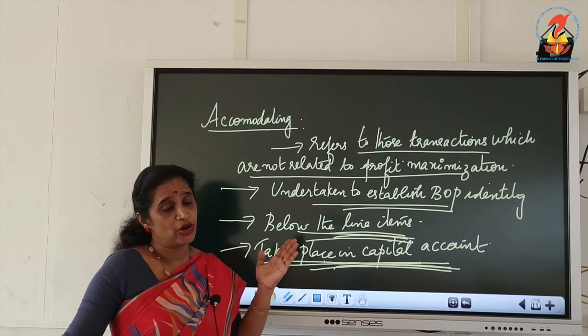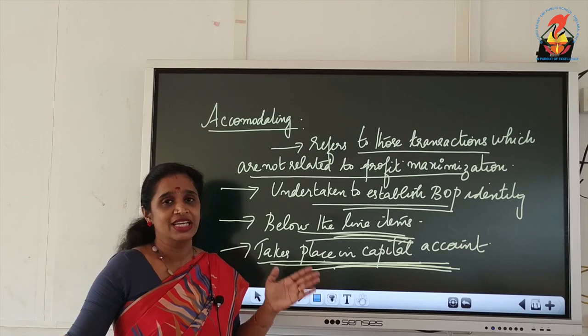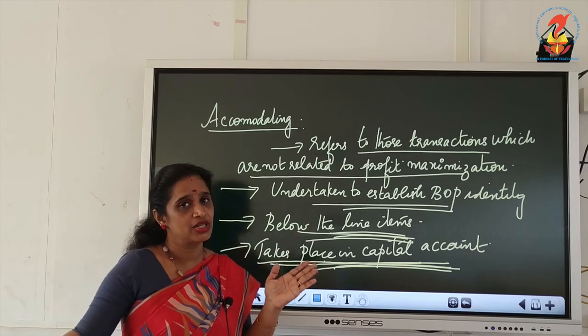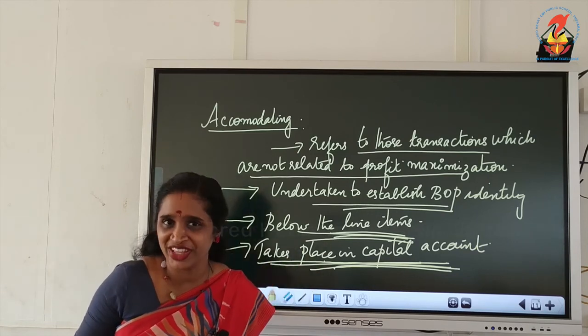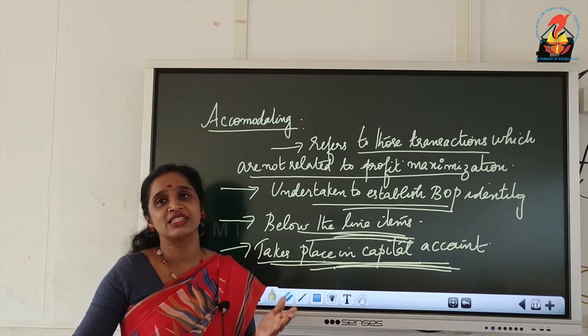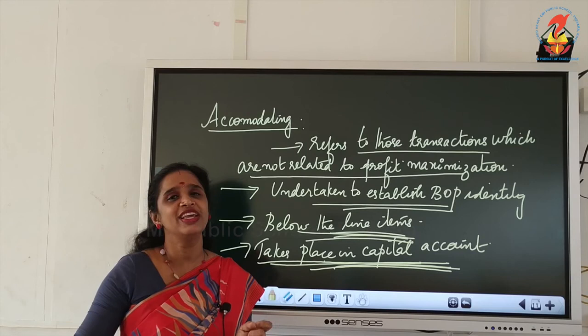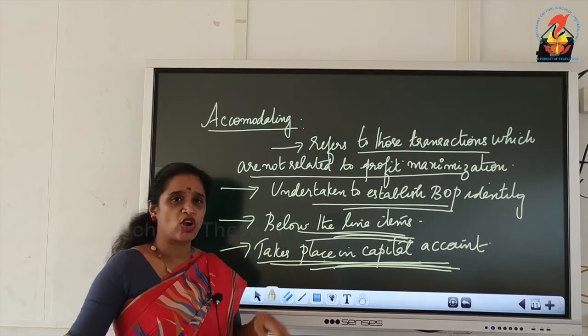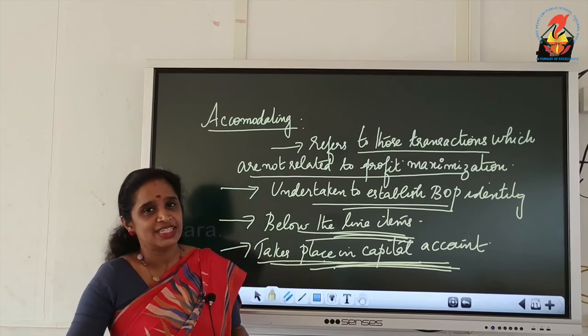But accommodating transactions always exist for maintaining BOP identity. Whenever there is a deficit in the current account, it will be offset by the surplus of the capital account. So, accommodating is more concerned with adjusting and bringing out the BOP identity. Now, this is all about accommodating and autonomous transactions.